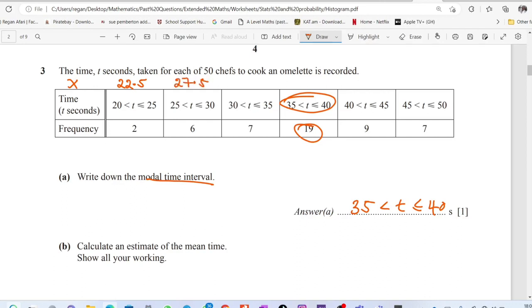So 30 plus 35 divided by 2, 32.5. So 35 plus 40 divided by 2, that should give us 37.5. I know by now you are seeing a trend that should be 42.5, 47.5.